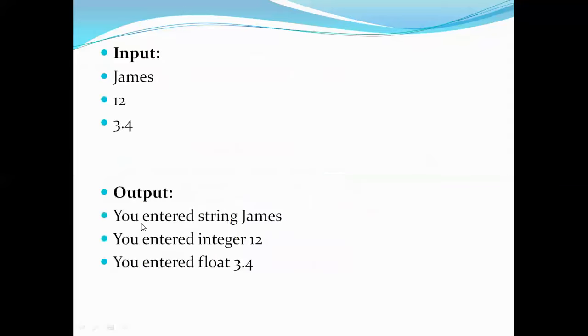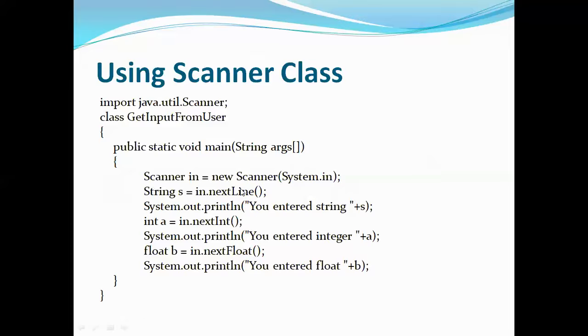So whatever we are typing will be taken by this nextLine through the object of Scanner, and it is stored in the string called s. Now I just want to print whatever I have stored in s. For that I'm writing "You entered string" plus s, whatever we have stored in s will be printed.